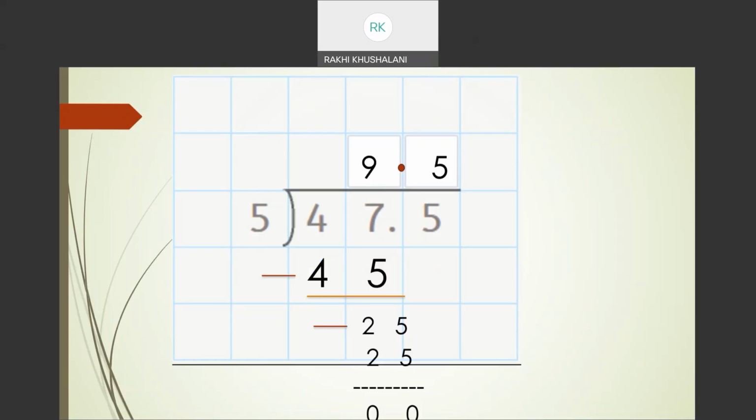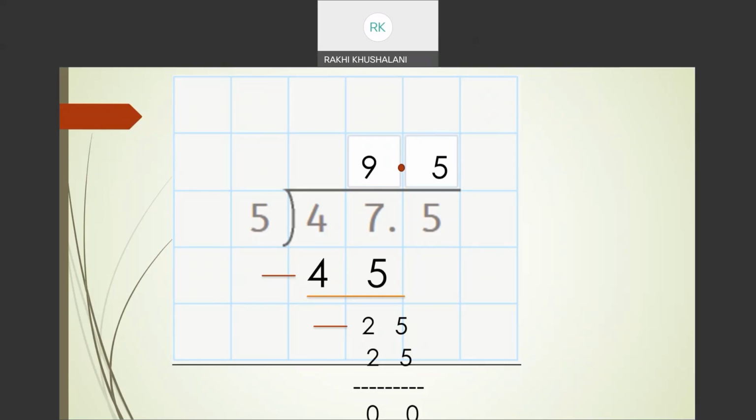47.5 divided by 5. 5 is a whole number, 47.5 is a decimal. See, the division is being done. 47 is divisible by 5. So 5 into 9 is 45. The remainder is 2. Decimal was already put.